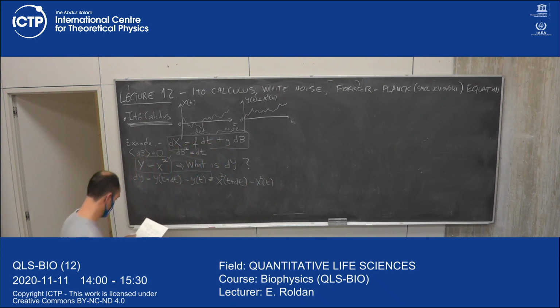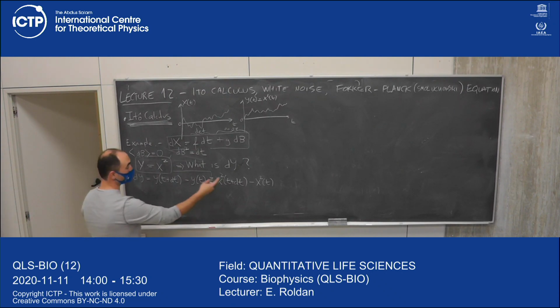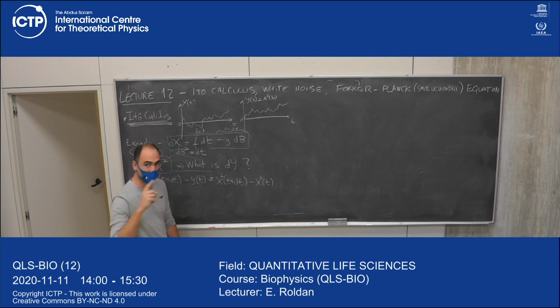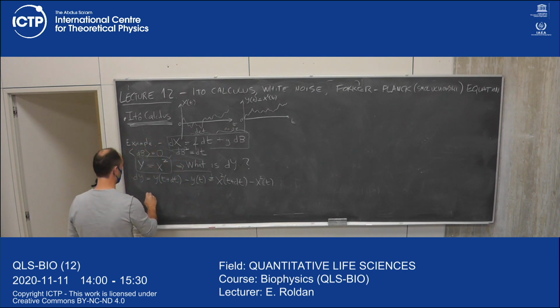Fine, no? So now we ask, what is x squared at t plus dt? So x squared at t plus dt is x at t plus dt, to the square. So this is x plus dx, squared.